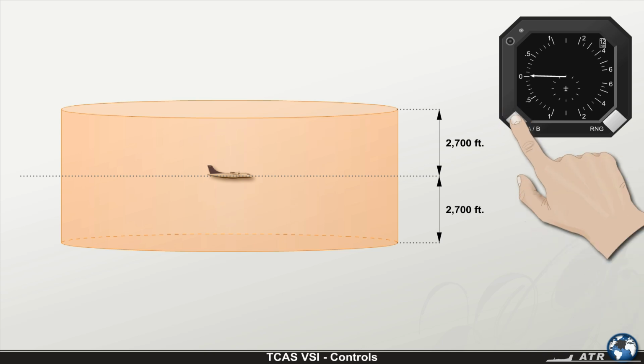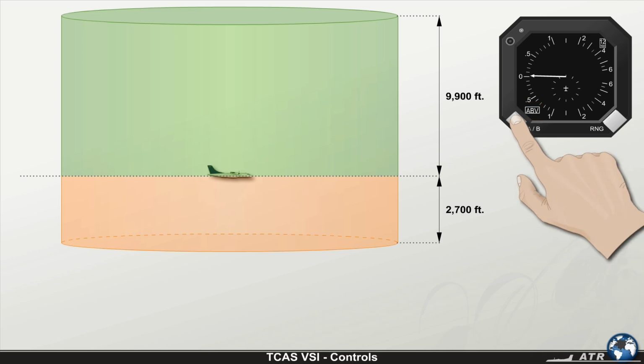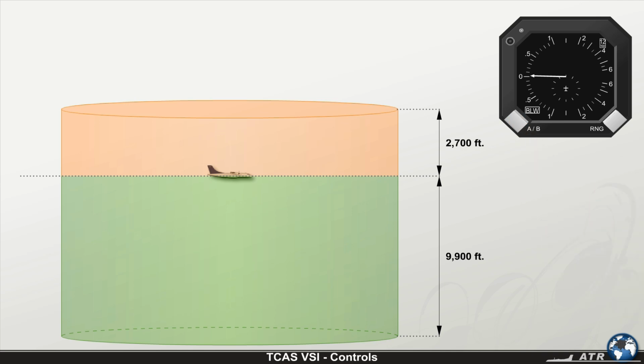When ABV is selected, the view is expanded from 2,700 feet below to 9,900 feet above the present position of the airplane, and the flag ABV is displayed on the lower left side of the instrument. As the pilot selects BLW, the view is expanded from 2,700 feet above to 9,900 feet below the airplane's position, and the flag BLW is displayed.